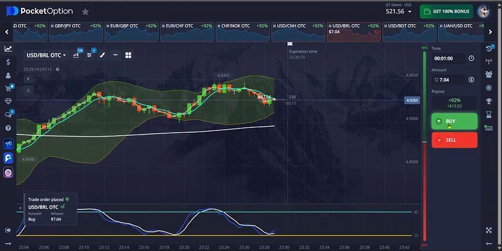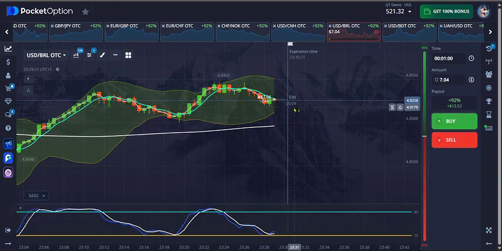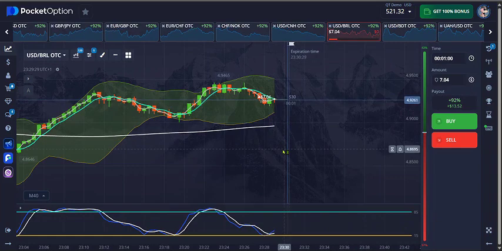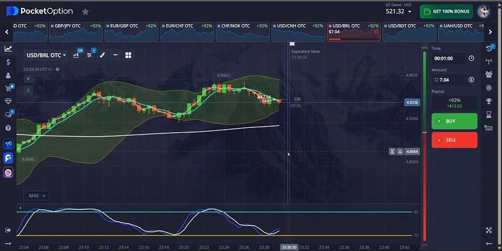I'm taking a buy here. Now, the reason I'm taking this buy, this is an impulsive trade I'm taking right now. I'm taking an impulsive trade, and I don't advise you to do this if you're trading on your own.